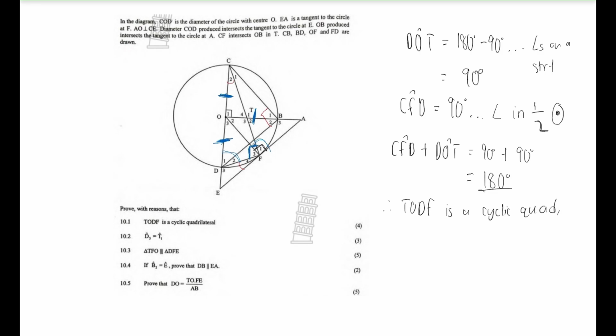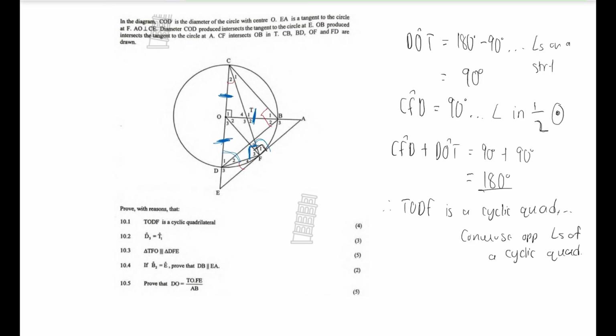And the reason being: converse opposite angles of a cyclic quad. So when we use it, we say opposite angles of a cyclic quad, but when we are proving it, we say converse opposite angles of a cyclic quad.